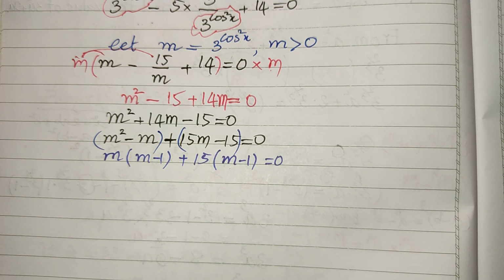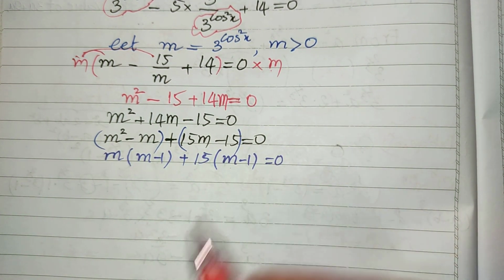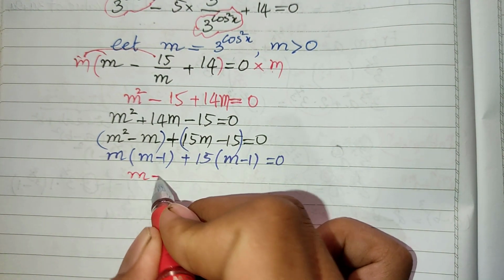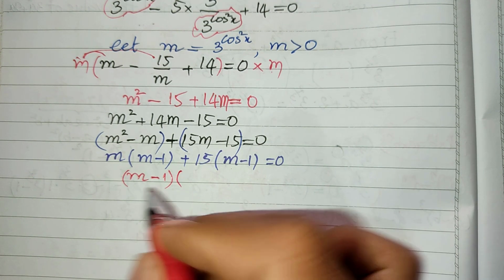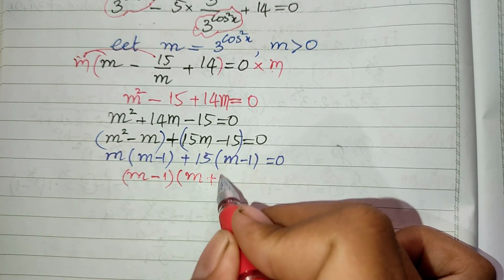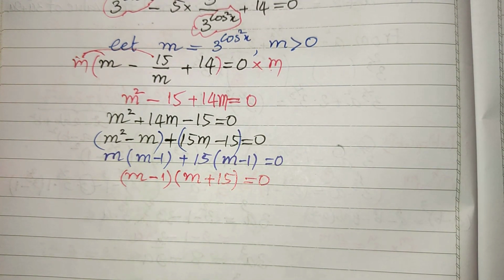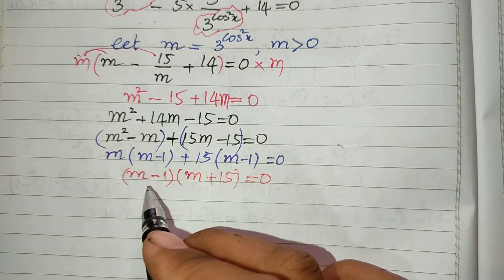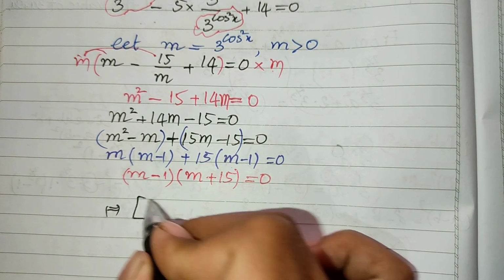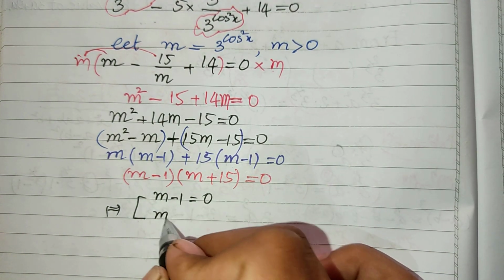You see our equation has m minus 1 in both terms, so I take m minus 1 out as a common factor. We get m minus 1 times m plus 15 equals 0. Now we have two factors whose product equals 0, so one factor equals 0 or the other factor equals 0.